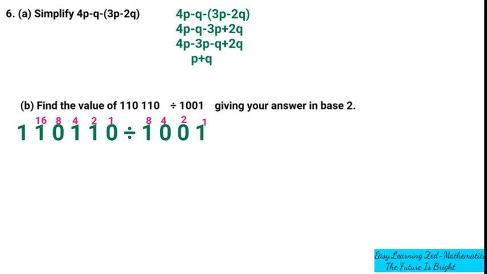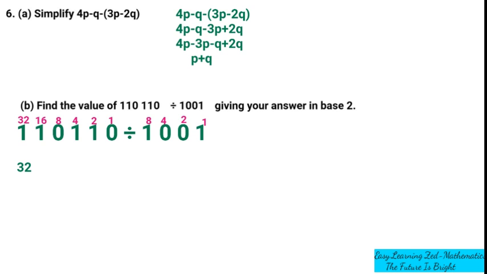Remember, I want to convert these numbers into base 10. So we're going to multiply each digit by its place value, and then add those products. So we're going to have 32 multiplied by 1 gives us 32, plus 16 multiplied by 1 gives us 16, plus 8 multiplied by 0 gives us 0.